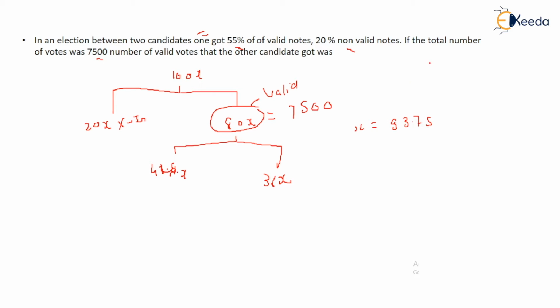And what is asked is the number of votes got by the other candidate, 36x. You simply multiply by 36, so you will get 3375. So 3375 was the total number of votes that the other candidate got.